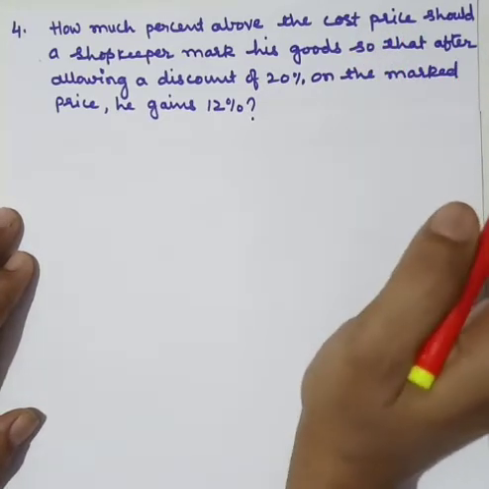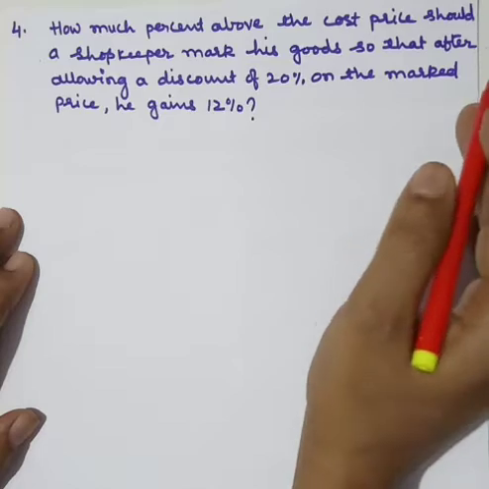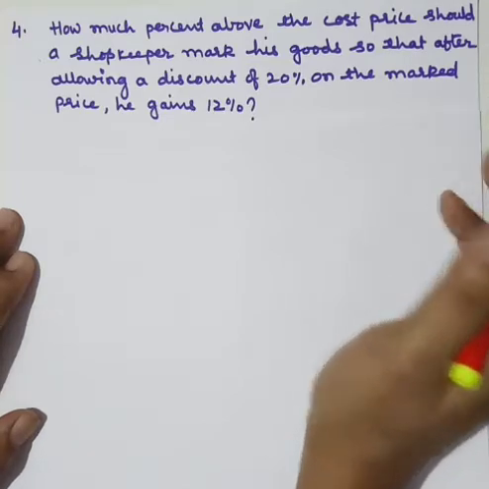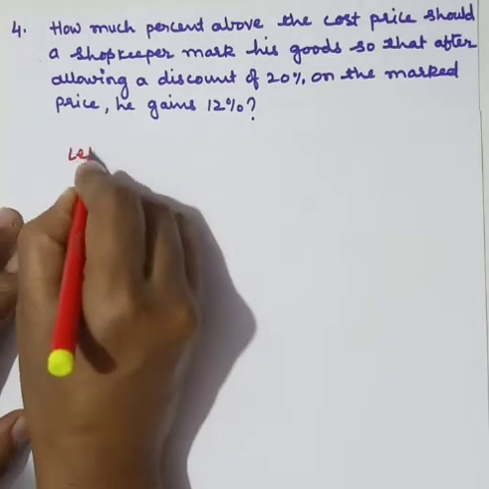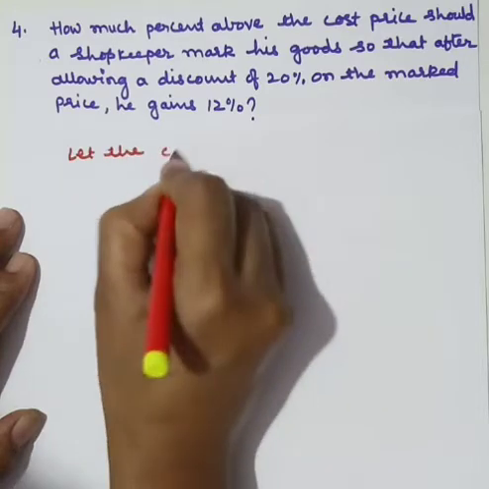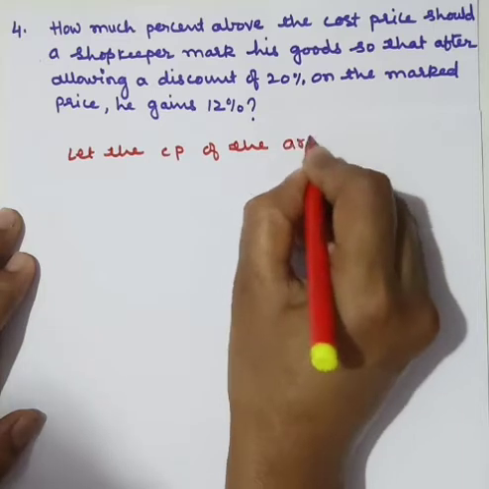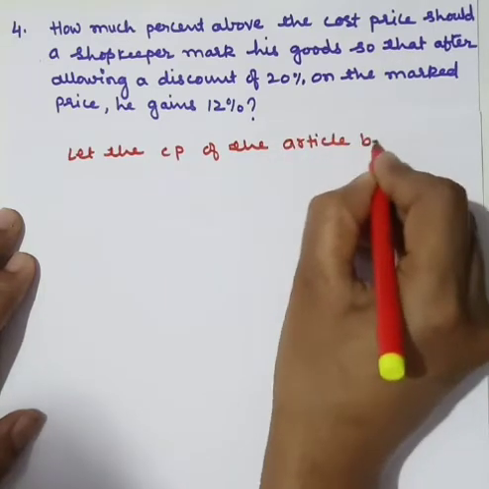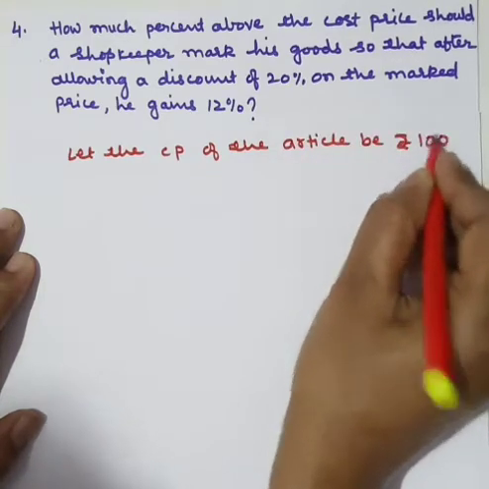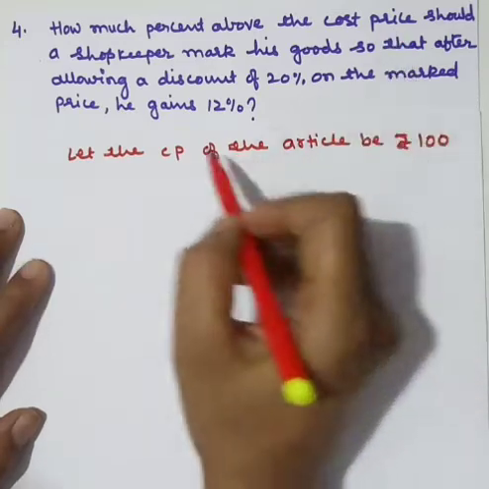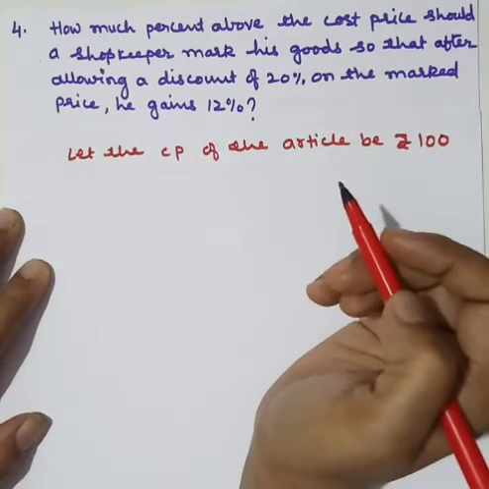Let us suppose that the shopkeeper is buying an article at rupees 100. Let the CP of the article be rupees 100. Now see, on rupees 100, how much is he gaining? He gains 12%.